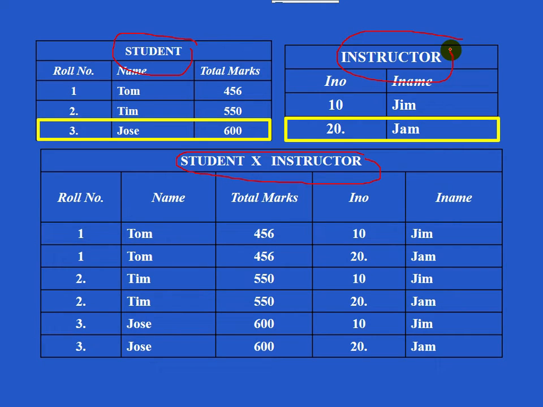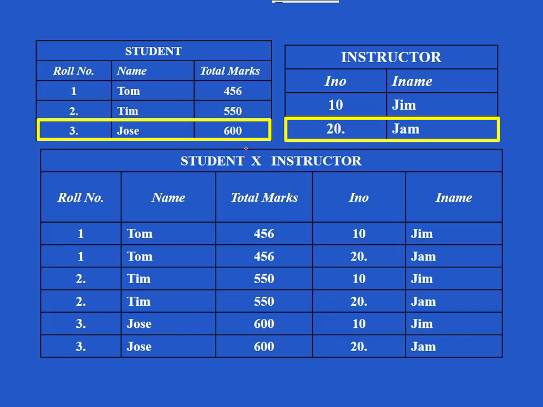One more interesting property for Cartesian product, the number of rows of the resultant relation, or the cardinality of the resultant relation, equals the cardinality of the first relation multiplied by the cardinality of the second relation.